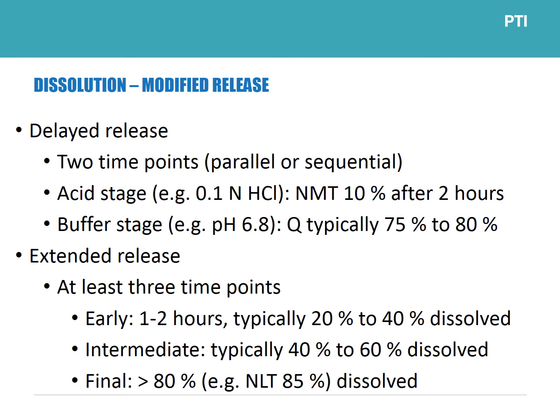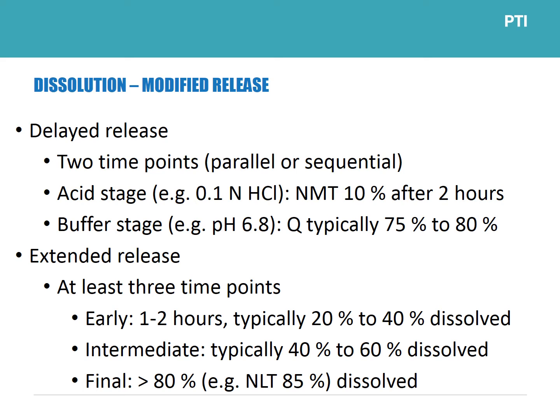For extended release drug products, we need at least 3 time points. The first of those time points, typically between 1 and 2 hours, is an important safety control to make sure that we don't see dose dumping, which is where the drug releases all of its contents in the body very shortly after ingestion, and where that happens we can exceed a toxicological threshold.